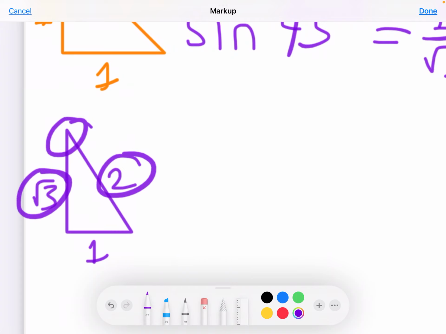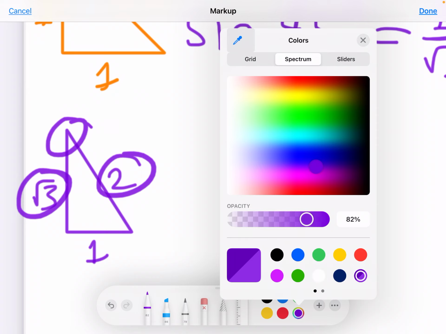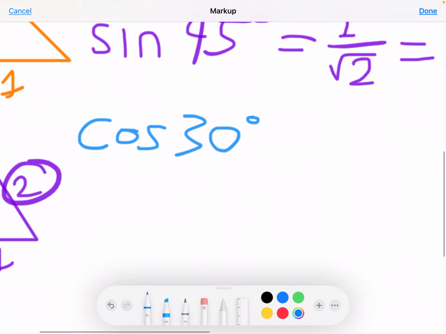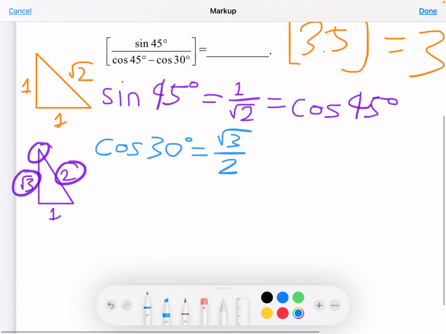So let's write that down. The cosine of 30 is square root of 3 over 2.